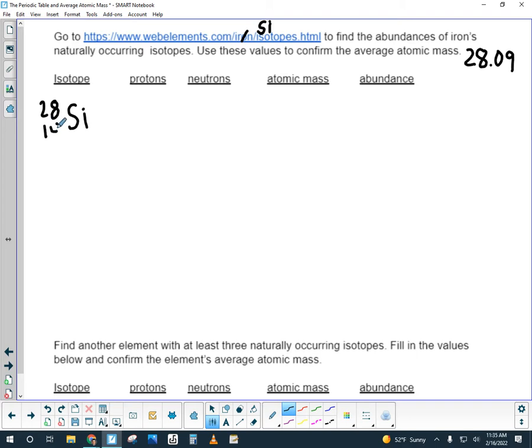Silicon is atomic number 14, so I'm going to go ahead and add that to our list of information. And then we have a version of silicon with a mass number of 29. Still atomic number 14, that doesn't change. And then silicon with mass number 30.